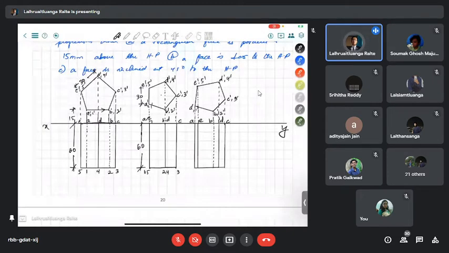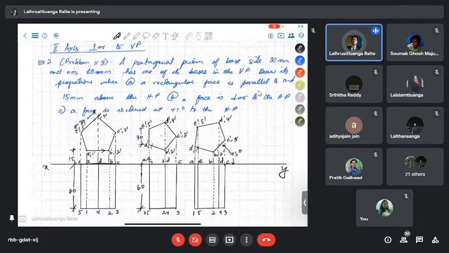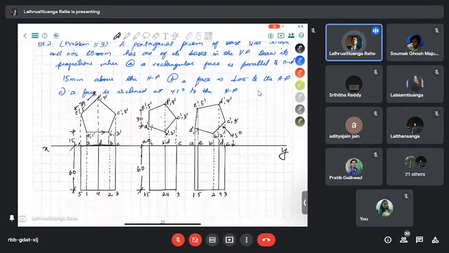So always be careful. 1, 5, 2, 4, and 3. So these are our conditions. As this part makes 45 degrees, be wise to say it so. All right. So this is when a solid is perpendicular to the vertical plane and parallel to the horizontal plane.